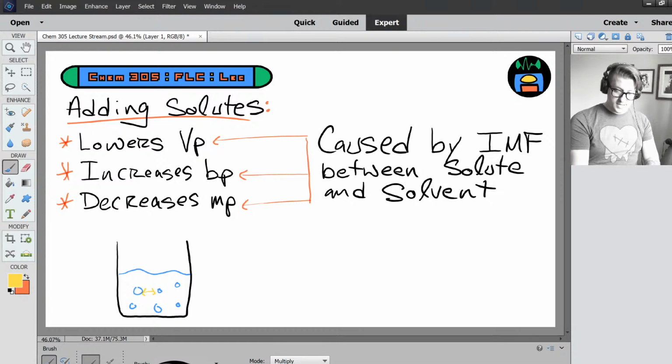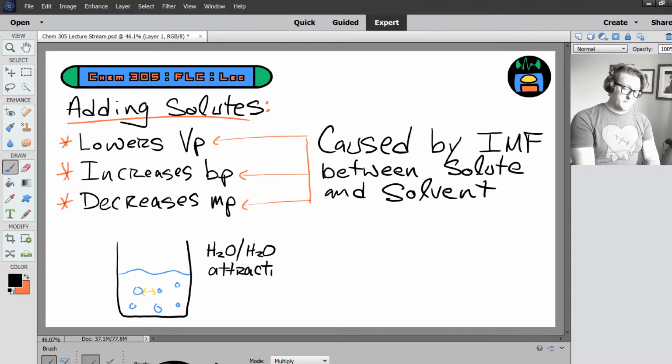There is just H2O and H2O attraction here in a sample of pure water.